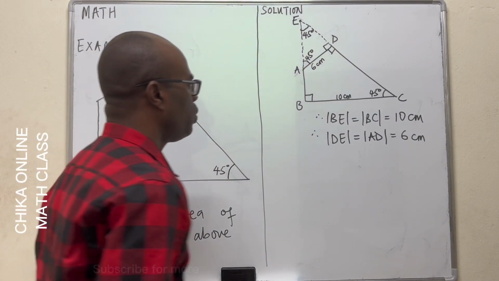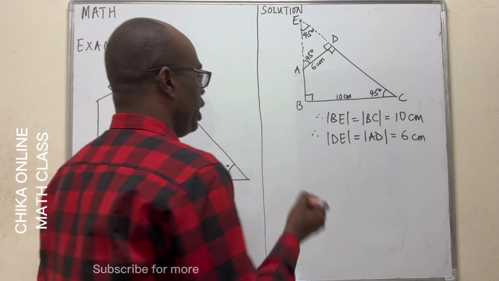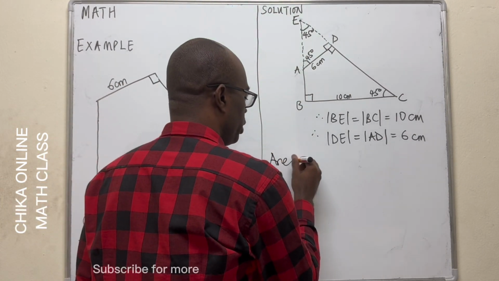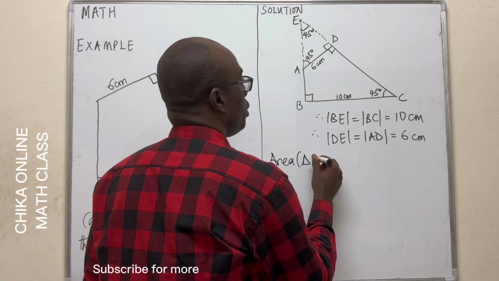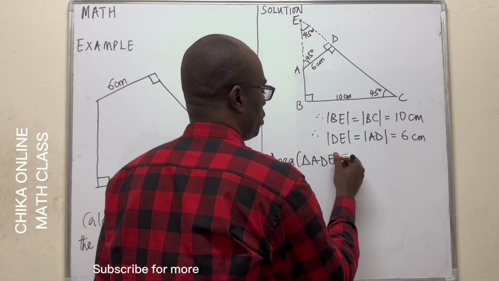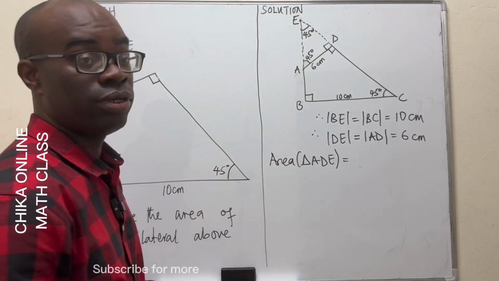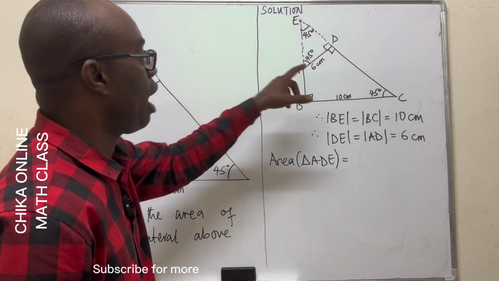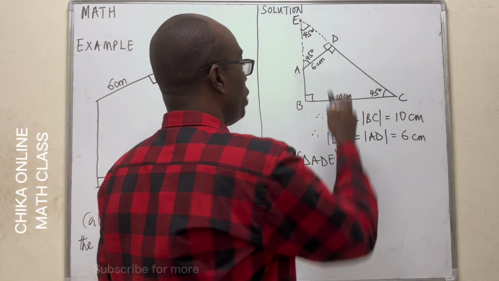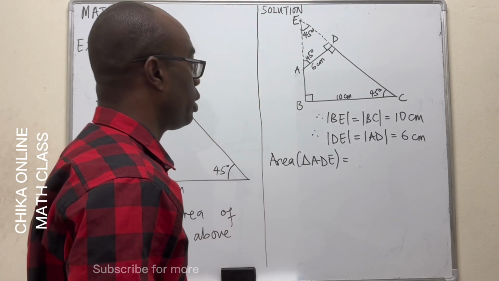Okay? So how do we now find these areas? Okay? Area of triangle ABE, since it's a right triangle, the area is equal to what? Half base times height. You can choose AD as your base, then DE is your height. Okay?